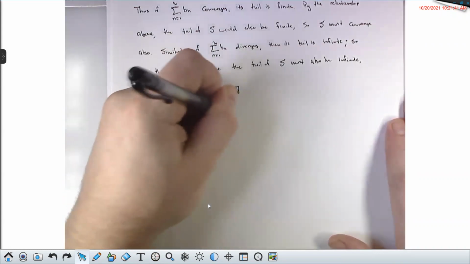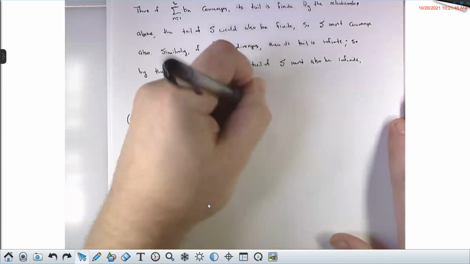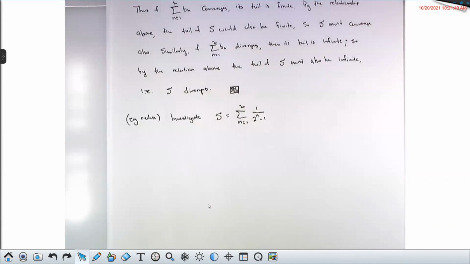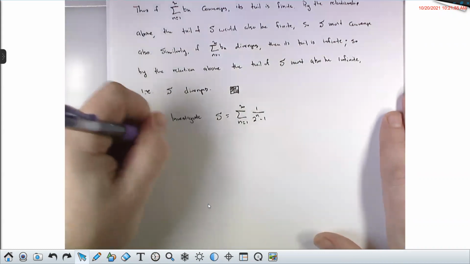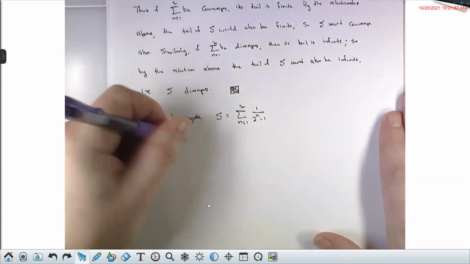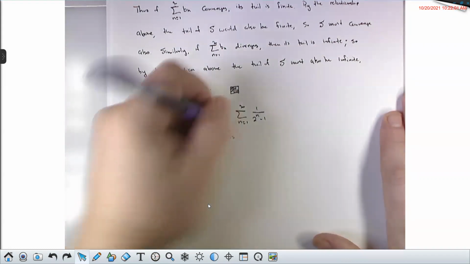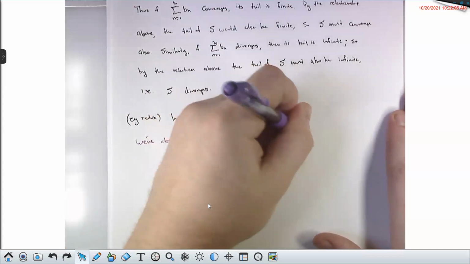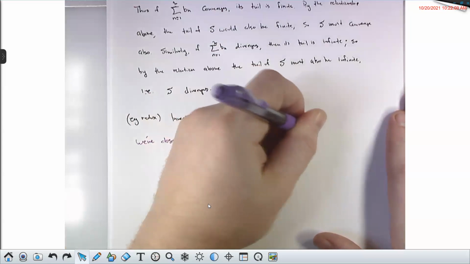I want to investigate the series sigma n from 1 to infinity of 1 over 2 to the n minus 1. And our observation is that S is similar to the series sigma n from 1 to infinity of 1 over 2 to the n.